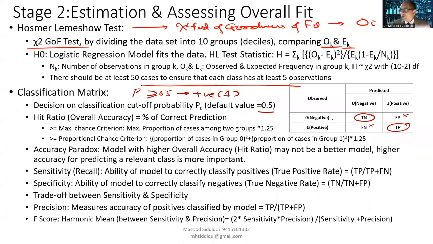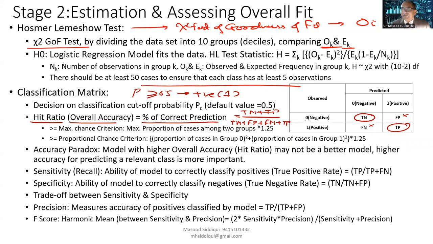As we see here, true negative and true positive are the correct predictions. Their percentage is known as the hit ratio, which is the overall accuracy, that is, the percentage of correct predictions. So it would be true negative plus true positive, divided by the sum of all: true negative plus false positive plus false negative plus true positive.